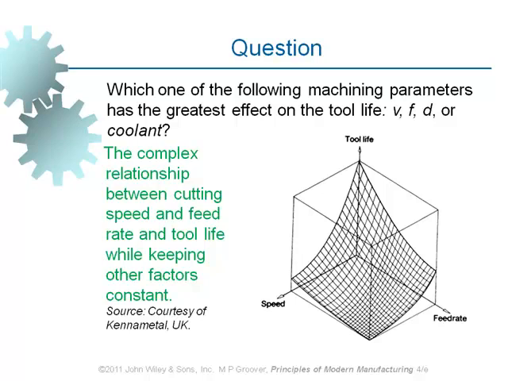But the effect of cutting speed is greater than the other three which are listed here. Okay? This is a mathematical model showing us how these parameters do affect the life of the cutting tool.